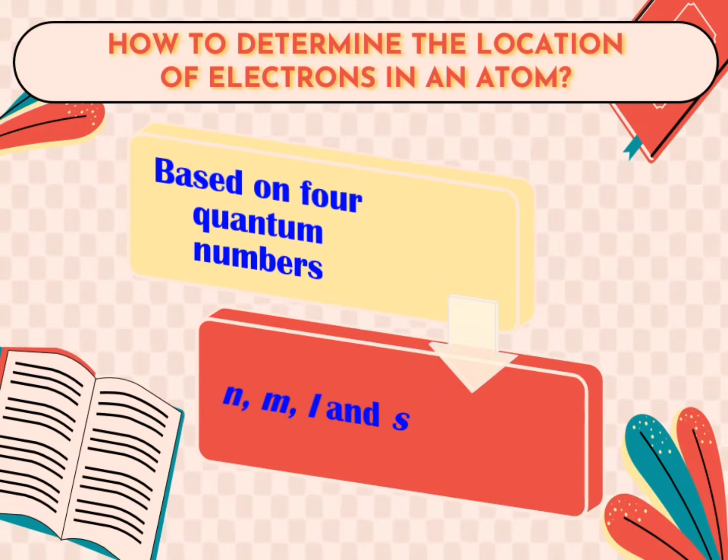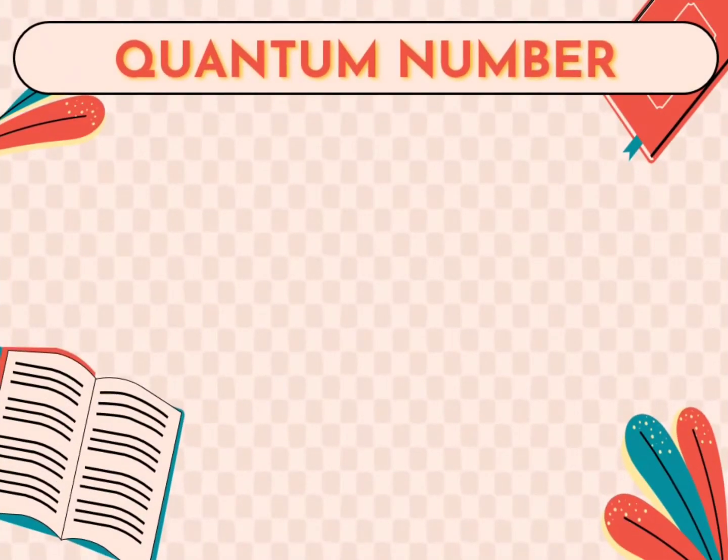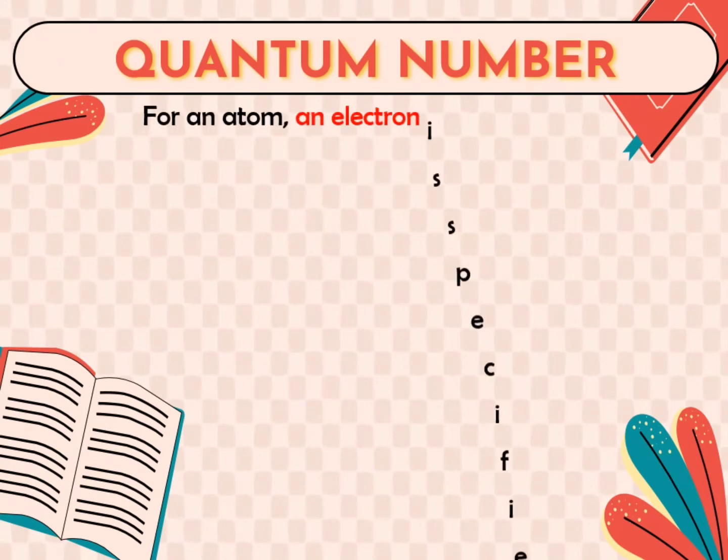We are going to learn about 4 quantum numbers, which are N, L, M, and S. What is this? Later I will explain to you. These are actually like a postcode, like the postal address of the electron's house. So one electron will have one postcode, with N, L, M, S. Just like we also have a postcode for our house, right. So it is the same for the electron.